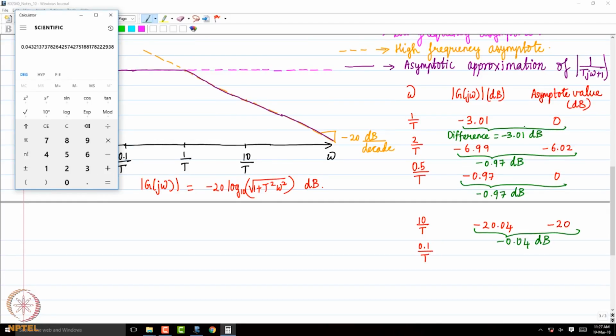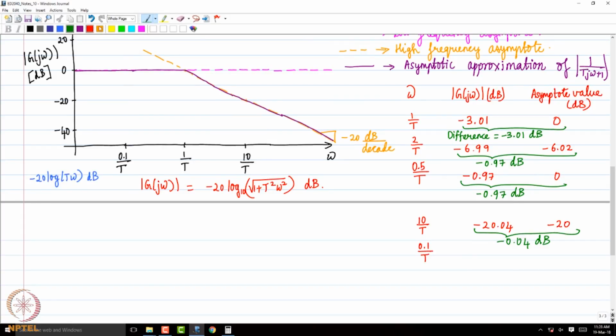Once again you are going to get minus 0.04. And what is the asymptotic value? 0. So the difference is minus 0.04 decibels. So you can see that this is the level to which the asymptote and the actual curve will differ from each other.